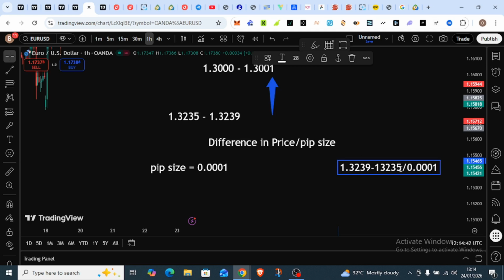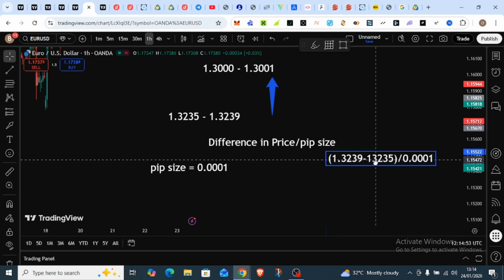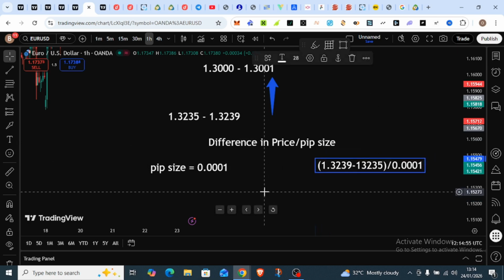Remember, you do the calculation on top first. Let's put this in brackets. So let's do the math together.